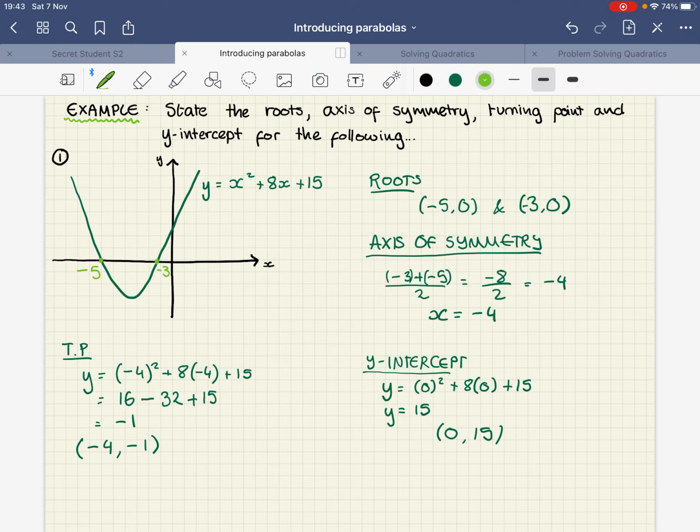And you may have to draw these details back onto our graph. So if I was to draw my axis of symmetry, drawing it up there, and writing x equals -4, putting in that point down the bottom and putting in my coordinates of -4, -1, and then drawing in my y-intercept at that 15 mark. Okay, so one more question just to look at.